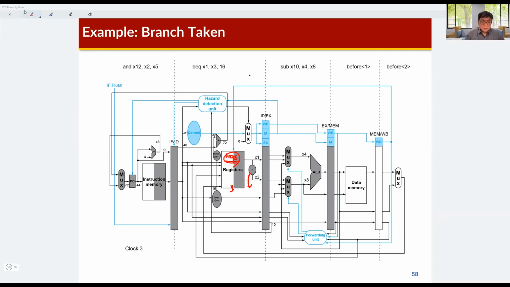So the register file is faster than other data path elements. That means if RS1 or RS2 is given to the register file, the data will come out in a very short delay, like 100 picoseconds.